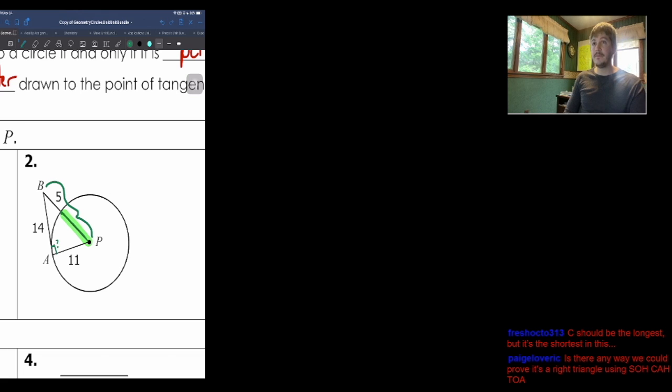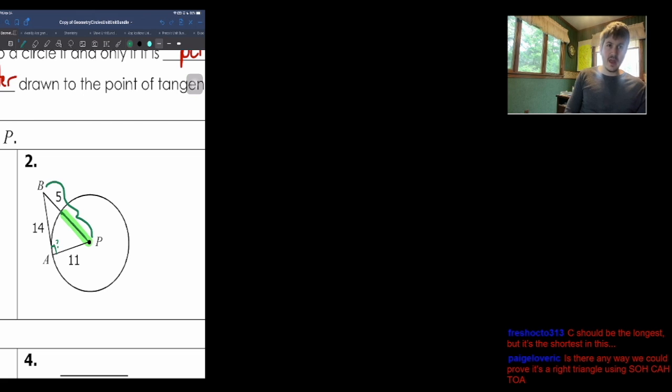Is there any way we could prove it's a right triangle using SOHCAHTOA? That's a really good question. I want to say yes, there is. I think it might be a little, oh, no, I guess it wouldn't be too advanced for us.